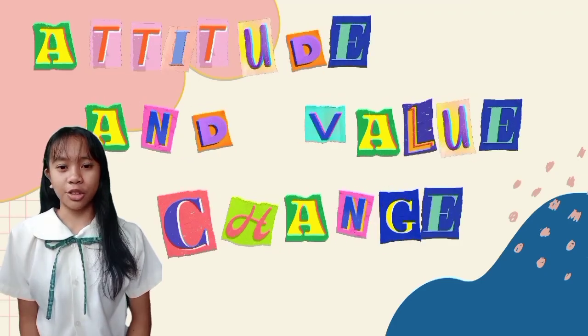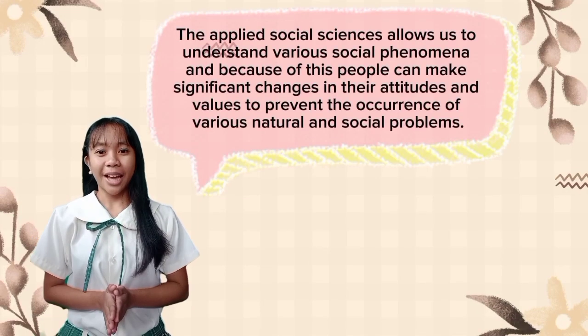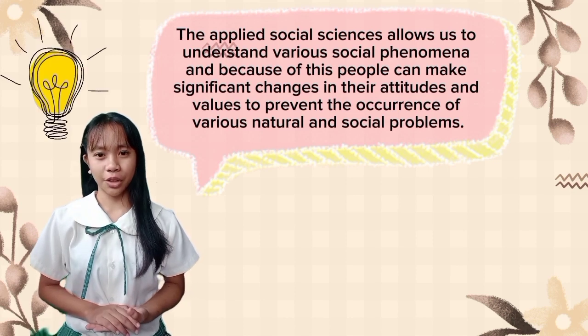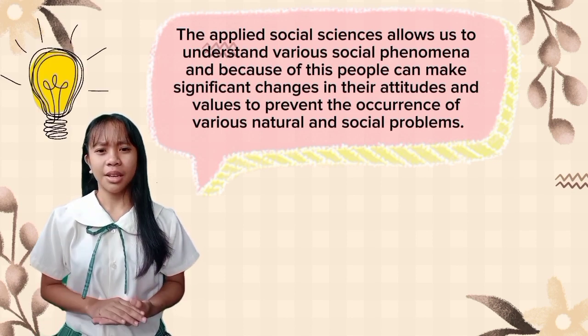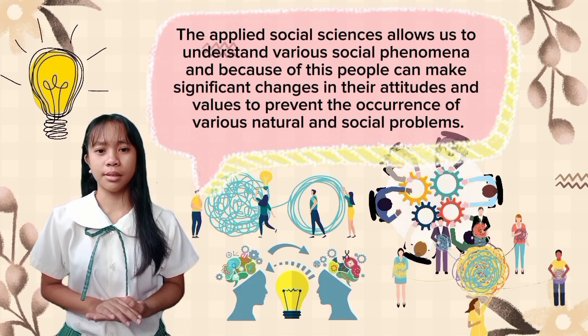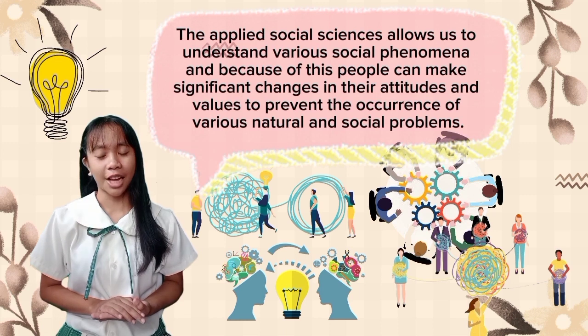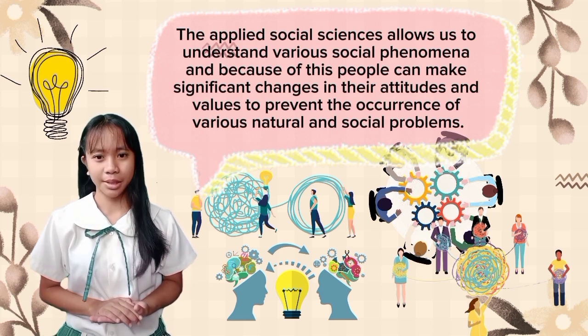Attitude and value change. The applied social sciences allow us to understand various social phenomena, and because of this, people can make significant changes in their attitudes and values to prevent the occurrence of various natural and social problems.